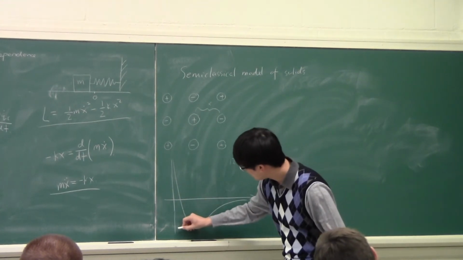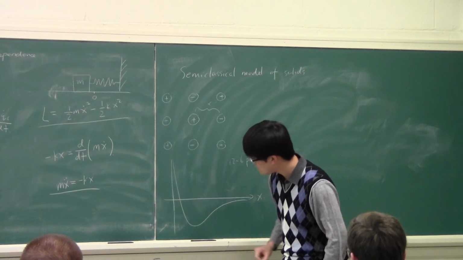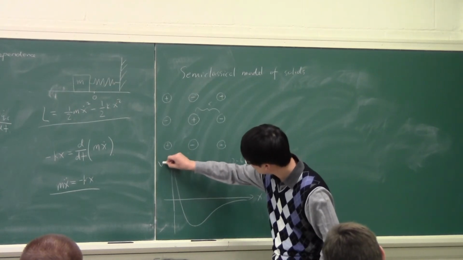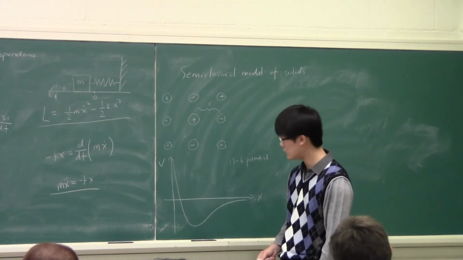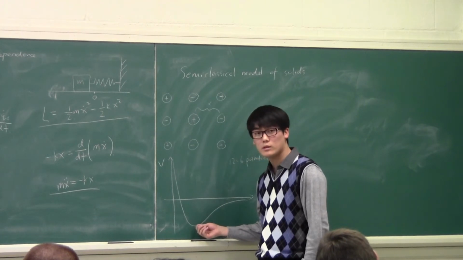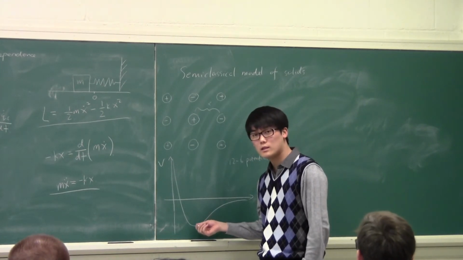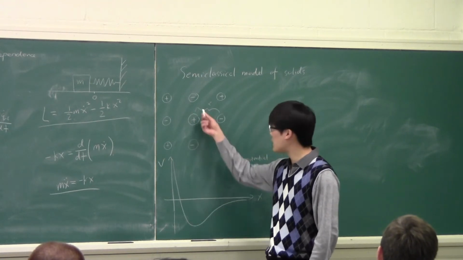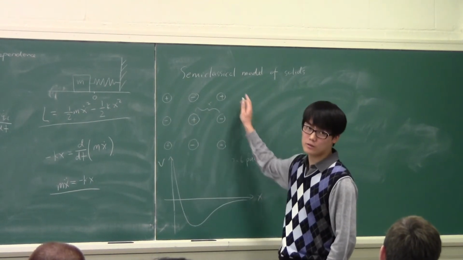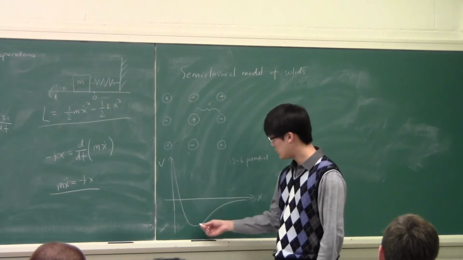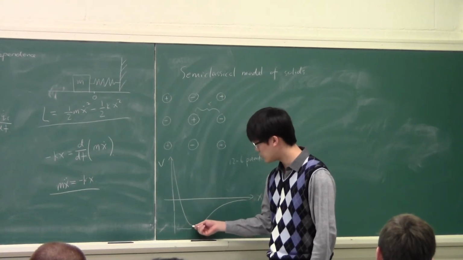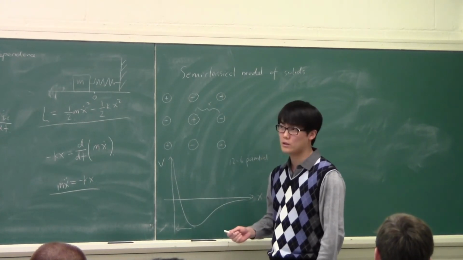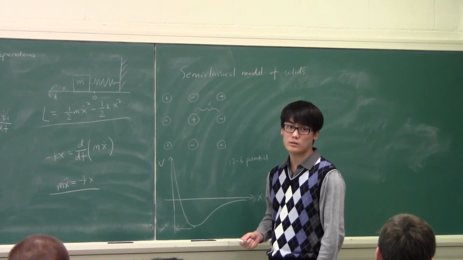Let me call this V for potential energy. Notice that there is a minimum for this potential, and that is the equilibrium point for the atom to be in the field of its nearest neighbors. This distance, for instance, is going to give you the average atomic distance in a solid.